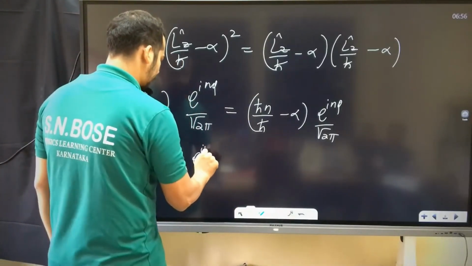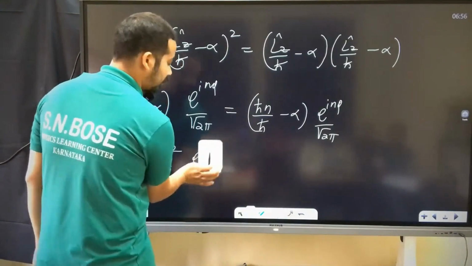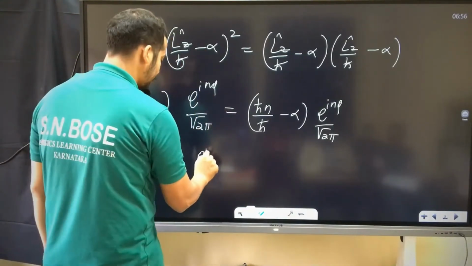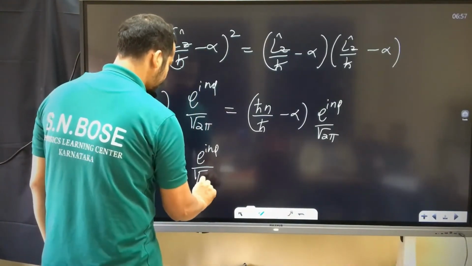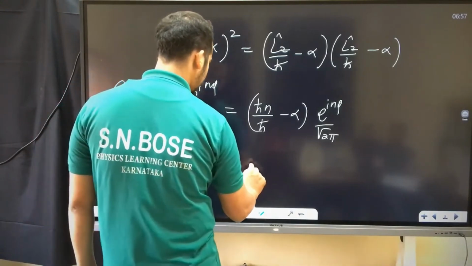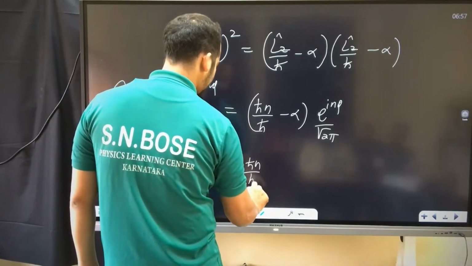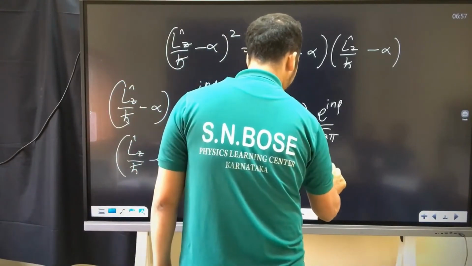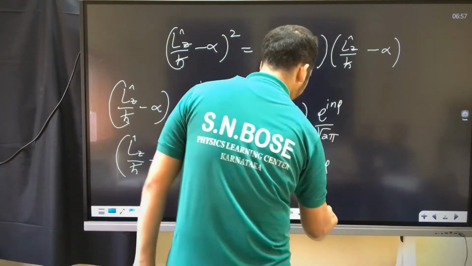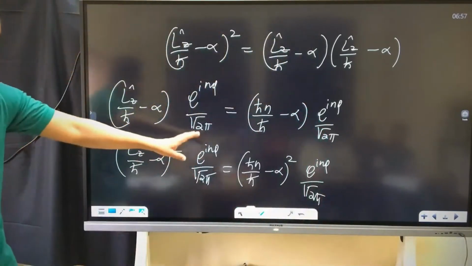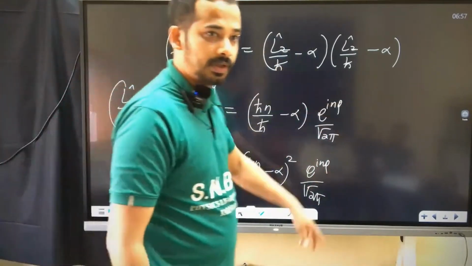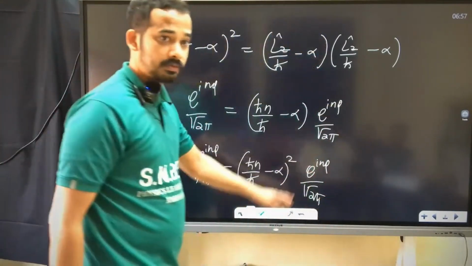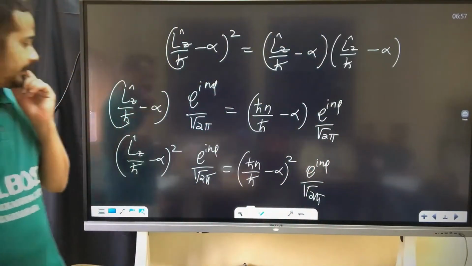So e power in phi divided by root 2 pi equals h bar n by h bar minus alpha the whole square into e power in phi divided by root 2 pi. If you thought like this in your mind, that's right. Be careful. That's what I'm saying.